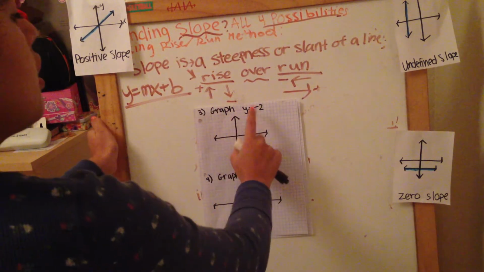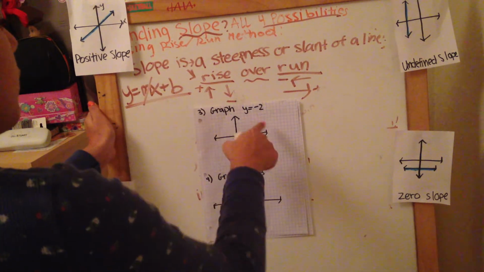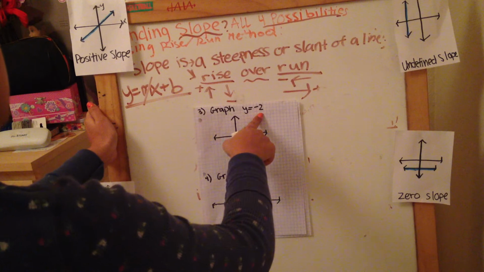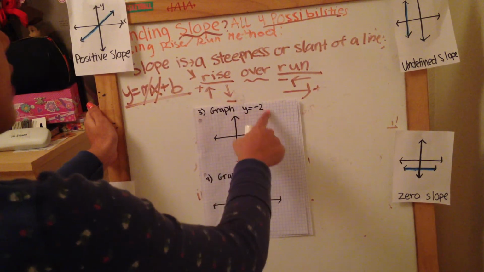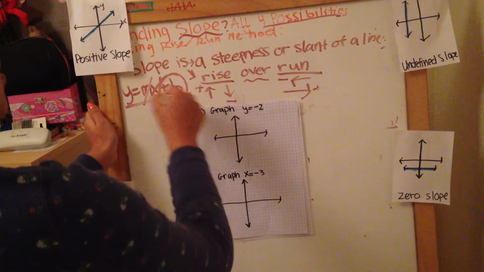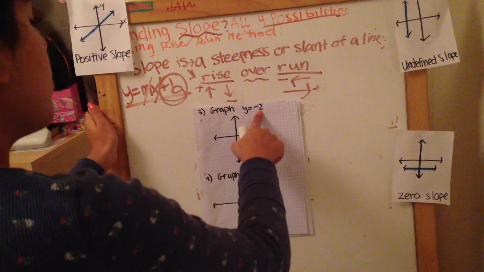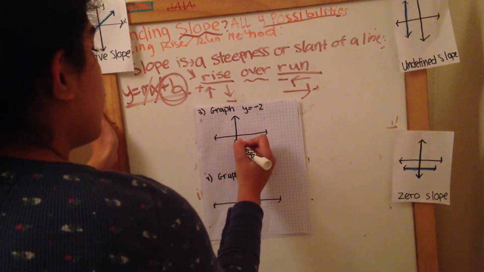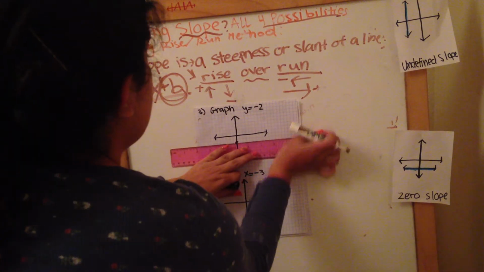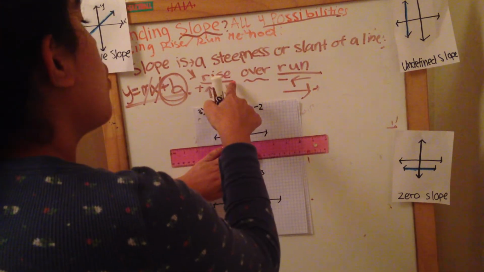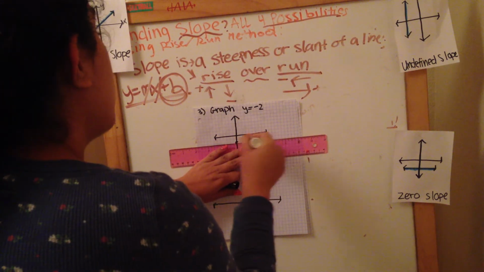Now, y equals 2 does not have a slope. Y equals 2 does not have an x. Y equals 2 only has a y-intercept. Therefore, your starting point is 2. Since you have no slope or rise or run, you do not rise or run.